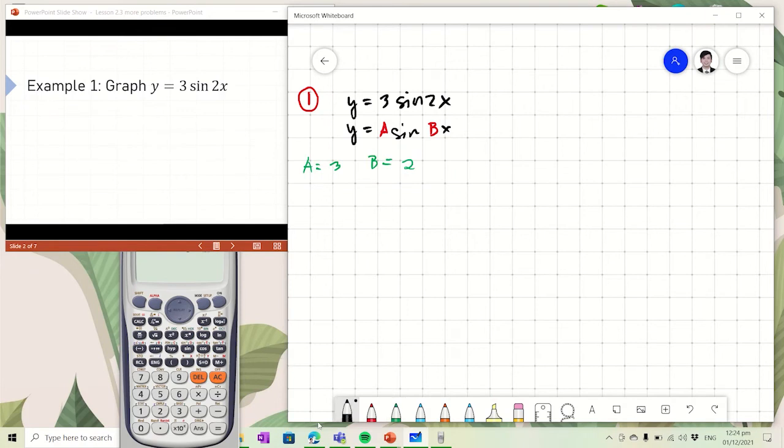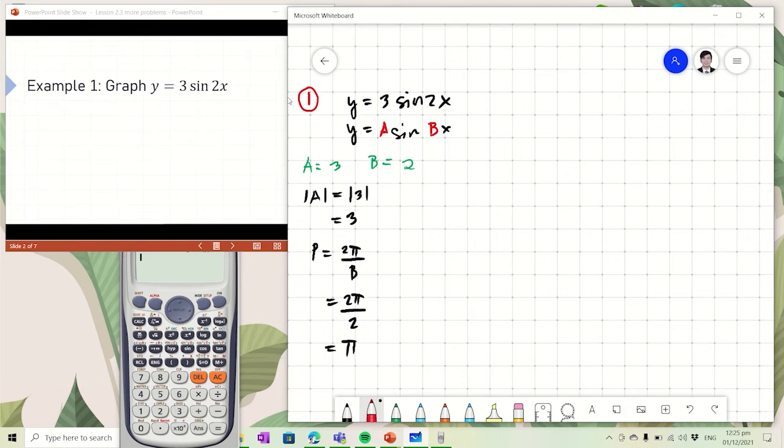So you can now find the amplitude. Amplitude is absolute value of a. Therefore, that's a 3. And your period, which is 2 pi over b, is 2 pi over 2, which is just pi.